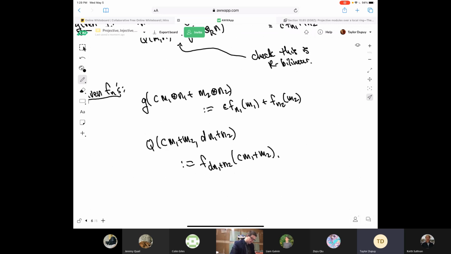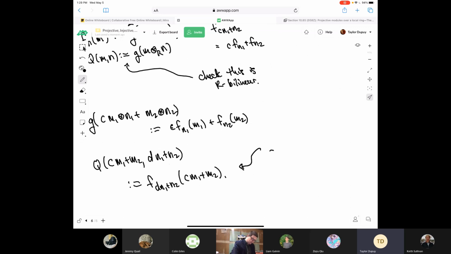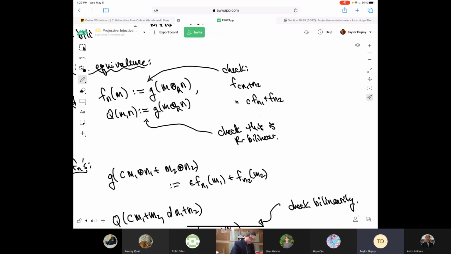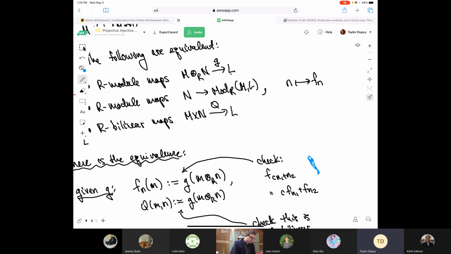Okay, and then you can check that this is bilinear. And that comes from the property that these maps Fn have this distributive property here, the one that I highlighted here, and then the fact that they themselves are linear.